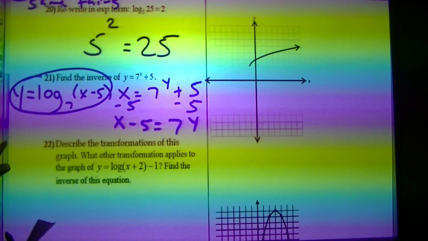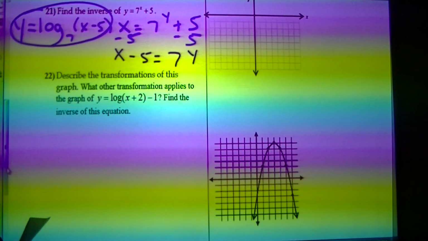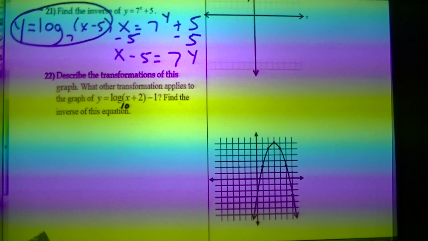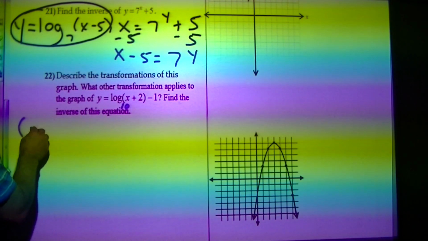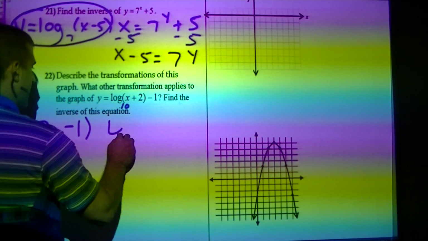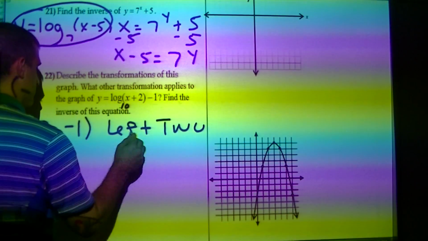All right, describe the transformation of this graph. What other transformation applies to the graph? Find the inverse equation. Okay, this is a base 10 if you don't see it. So what's happening here is this anchor point is going to be -2, -1, so that's left 2, down 1.